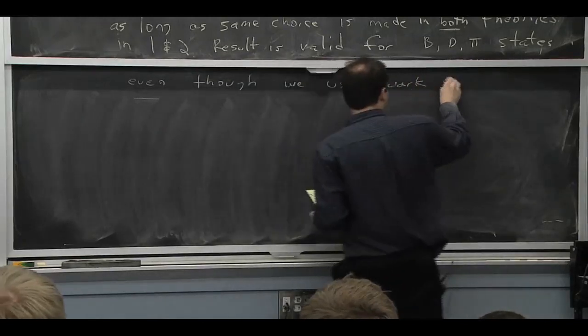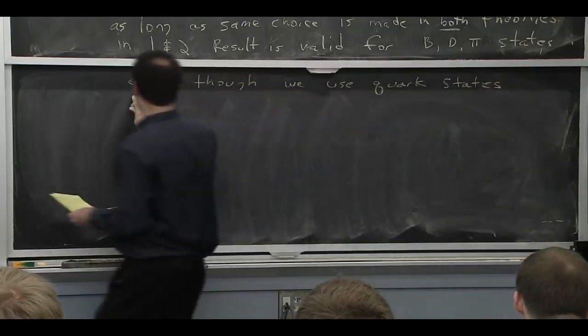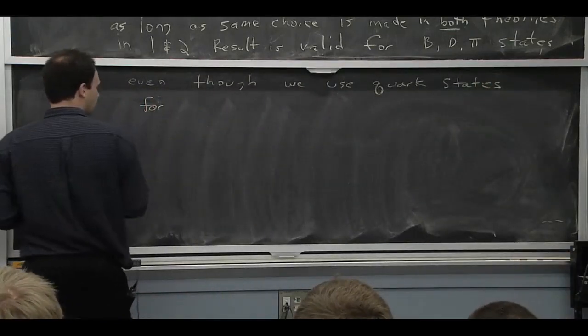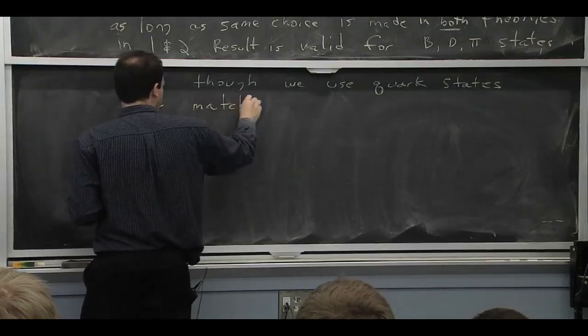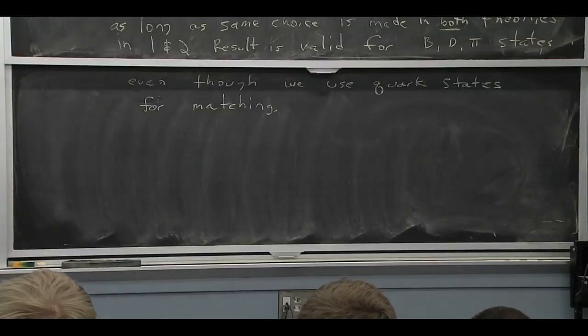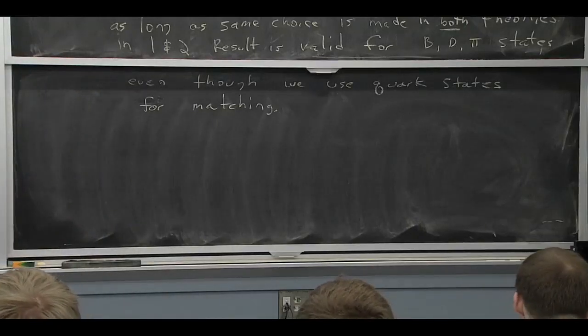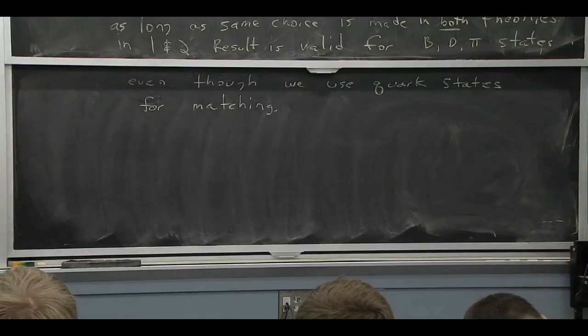That's just a different choice of state. And what we're doing when we do the matching is we're picking a convenient choice of state. Something that makes it easy to calculate. If we tried to calculate the matrix elements with B and D and pi mesons, then I'm saying if you're strong enough, you'd get the same matching coefficient. Of course, you should pick the result that makes the calculation easy, and that would be to use quarks.